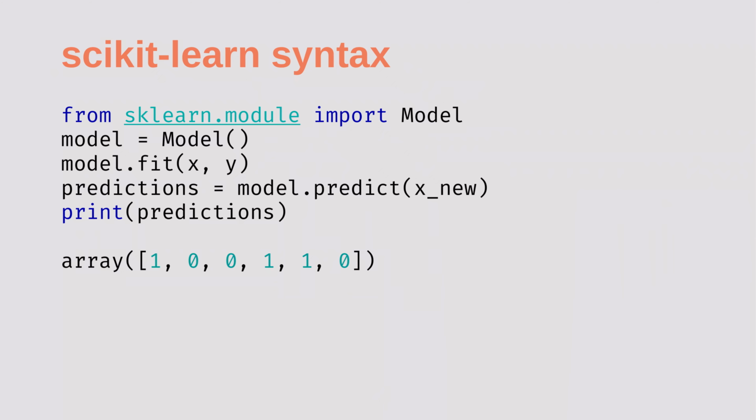Finally, we use the predict method to make predictions on a new dataset such as X_new. For instance, if we give new data with the features from 6 emails to a spam classification model, it will return 6 predictions, 1 for spam and 0 for not spam.